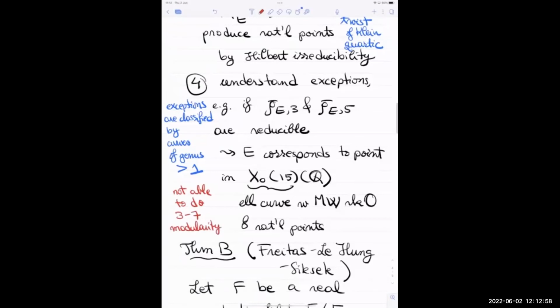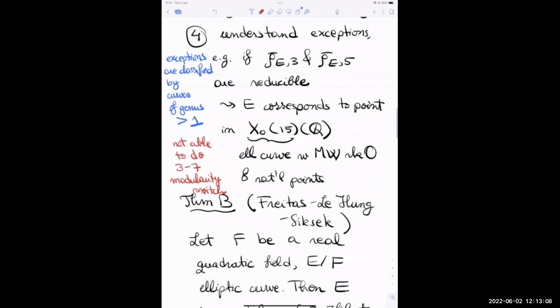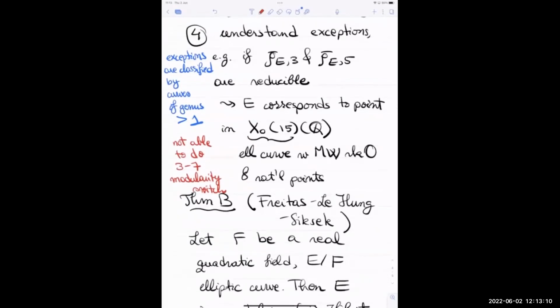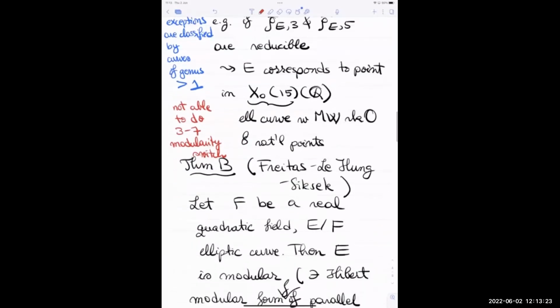And that's why we can't right now say that we know how to prove modularity of all elliptic curves over imaginary quadratic fields. If you were able to do the 3-7 switch, then you would work with a modular curve, say X_0(15), but you'd add some small level at 7, and then you would be on a higher genus modular curve.